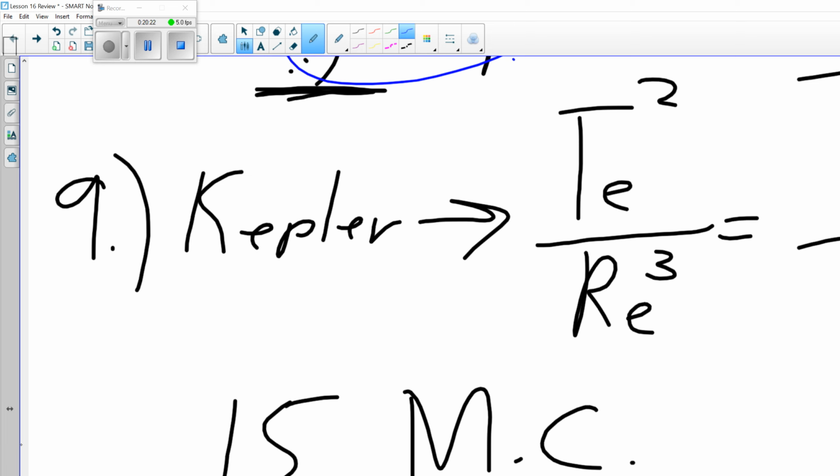unbanked curve, banked curve, gravitational field strength, which is also known as acceleration due to gravity. Okay.